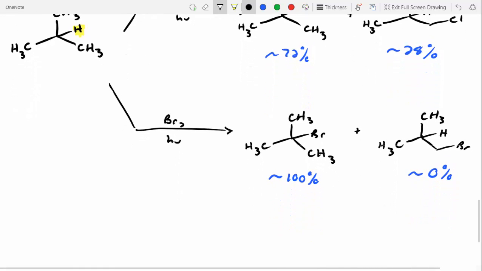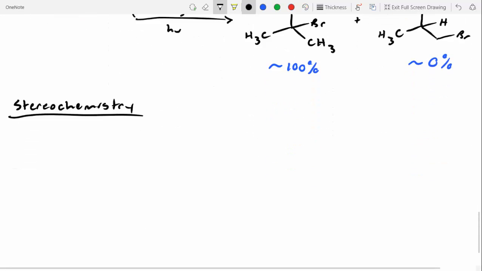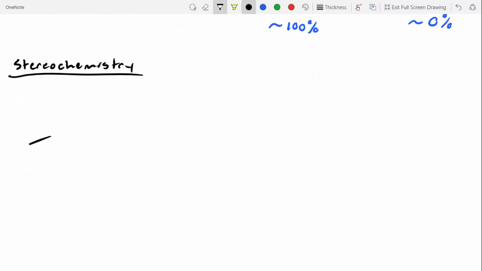All right, one last thing before we leave is stereochemistry. Let's say I have this compound, and I've got CH3, and I treat this with bromine and UV light.